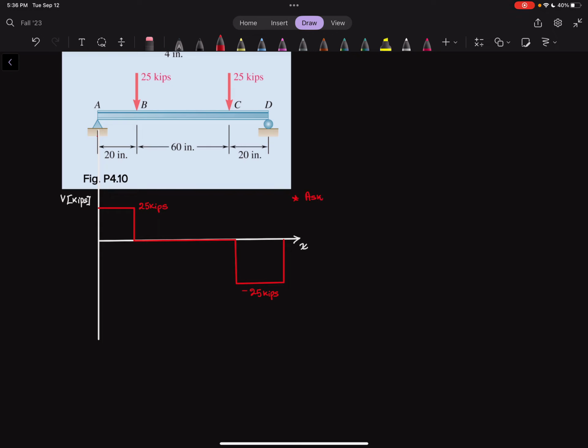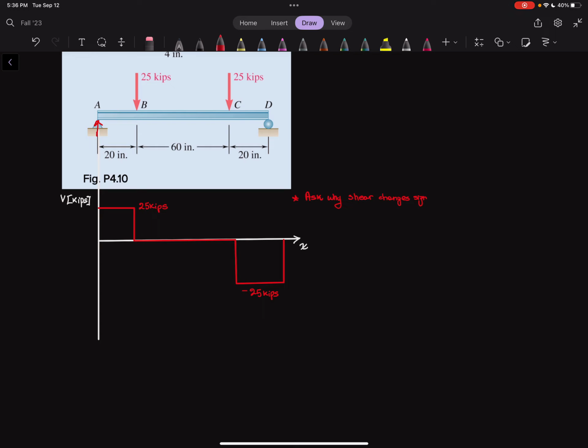Ask why shear changes sign. It's something to do with the free body. So if I cut here, I'm going to have this force and that force, so I won't have a shear in there. But if I cut here, then I'm going to have a shear going down, which we represented as up.